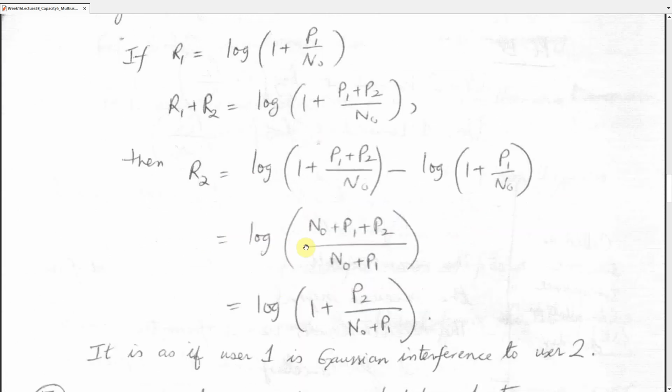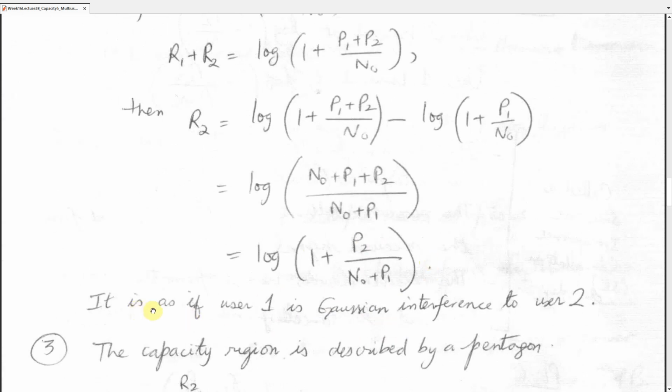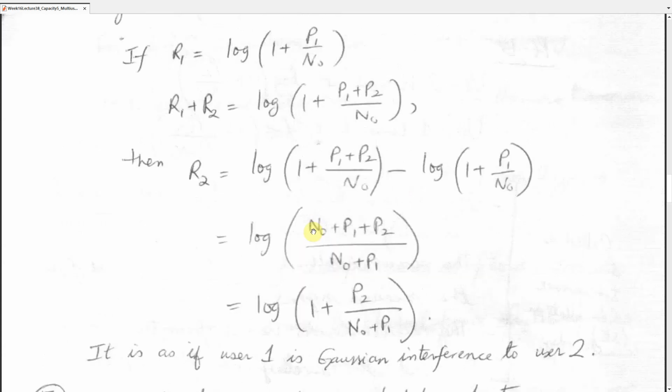This is given by log of N naught plus P1 plus P2 over N naught plus P1, which is equal to log of 1 plus P2 over N naught plus P1. So it is as if user 1 is Gaussian interference to user 2. That is the whole point. If user 1 is transmitting at its full single user bound, user 2 can still transmit, but it would only be interfering with user 1.